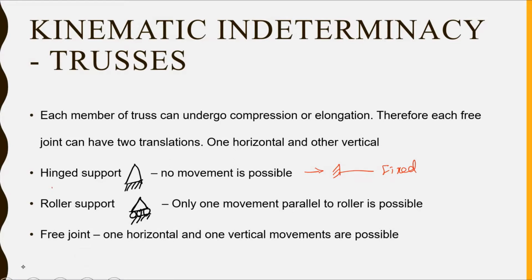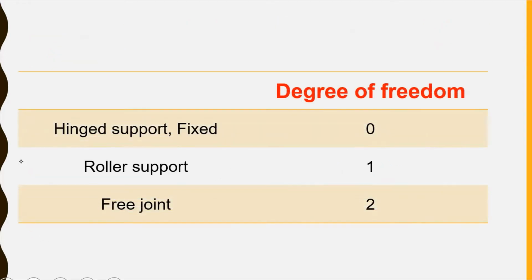It can be put into a table format. Hinge and fixed supports, which are not allowed to move, have degree of freedom 0. A roller support, since it can move in one direction, has degree of freedom 1. And free joints have 2 degrees of freedom since horizontal and vertical movements are possible.